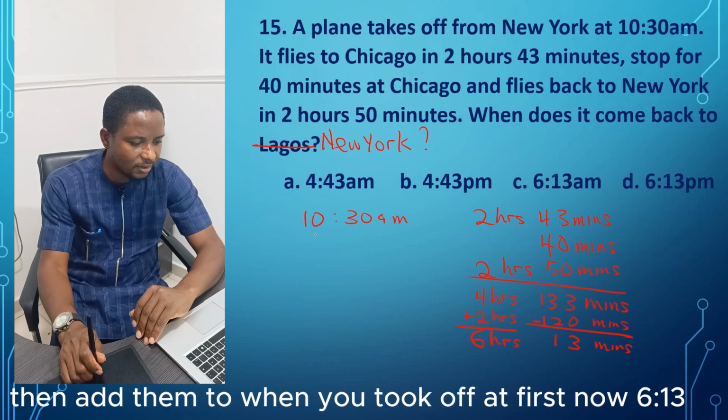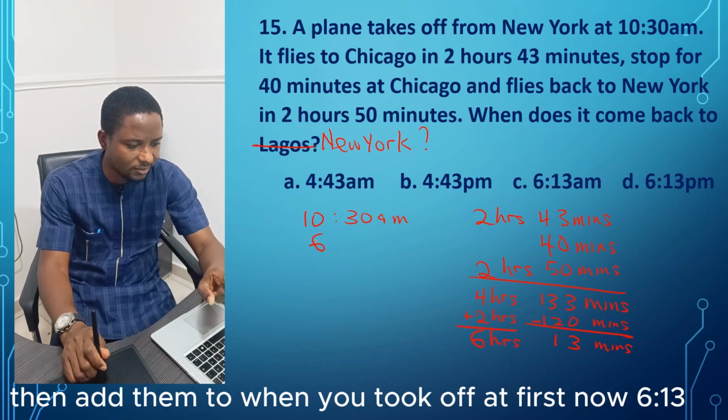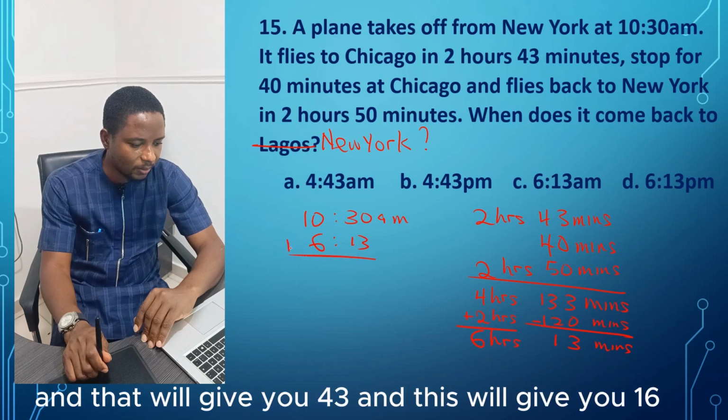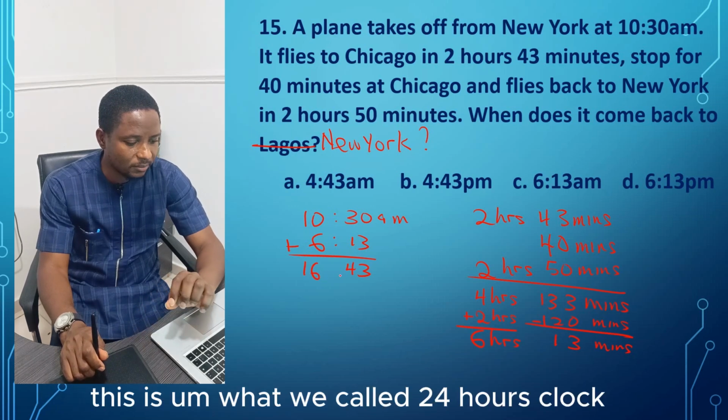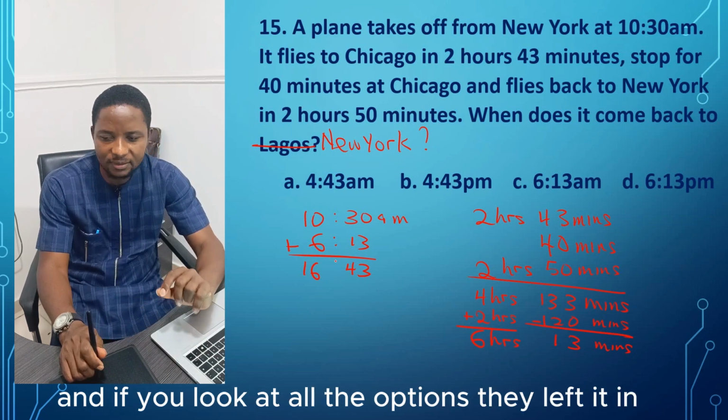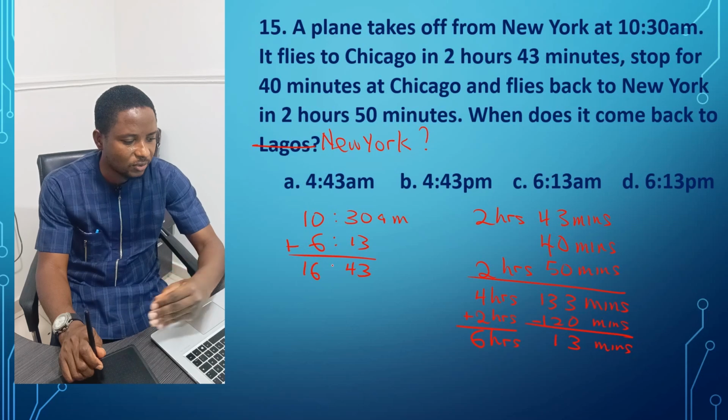Then add them to when you took off at first. That's 6, 10. 13 here and 30 there, that will give you 43, and this will give you 16. This is what we call 24 hours clock. And if you look at all the options, they left it in 12 hours clock.